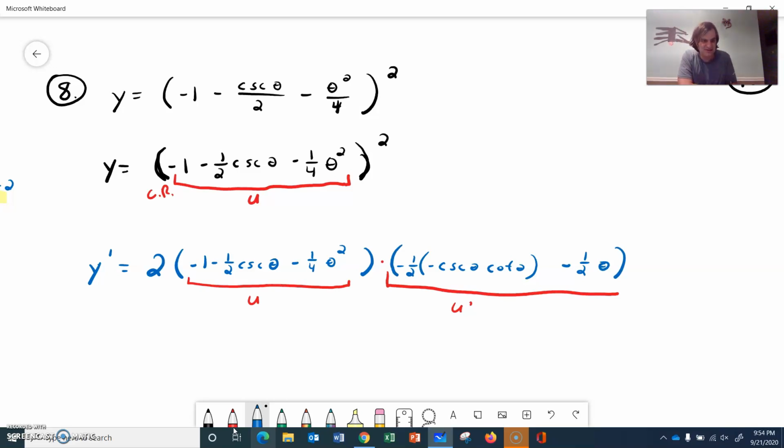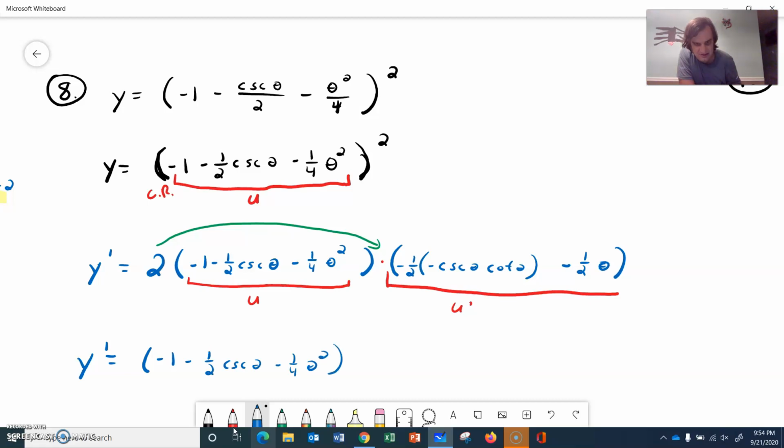Let's rewrite it. We got time. You don't have to rewrite it, but I'm going to take this 2 and distribute it into the second part. I guess I can do the first part, it doesn't really matter right now. I'm going to keep the first part, -1 minus 1/2 cosecant theta minus 1/4 theta squared.